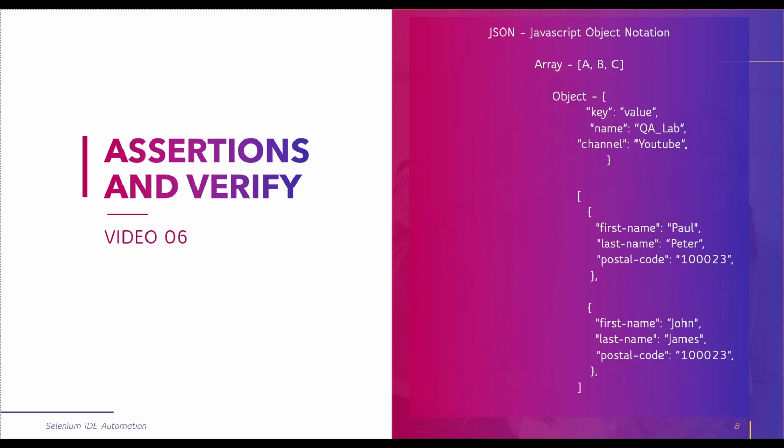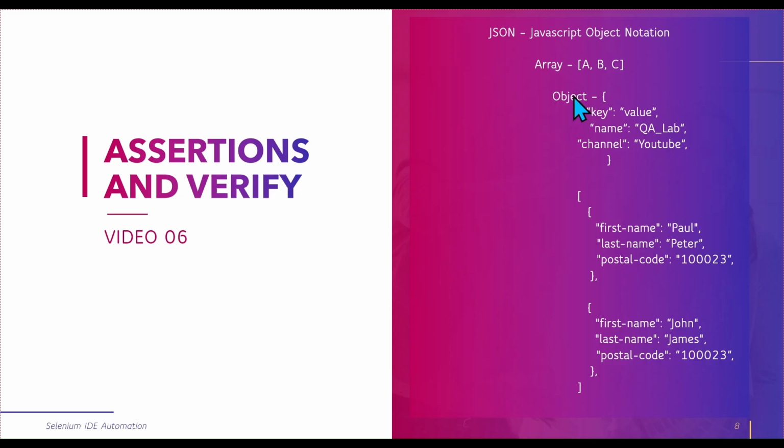So arrays store data in units. We have A, B, C, we can have 1, 2, 3, we can have Nigeria, Ghana, Togo, like that.